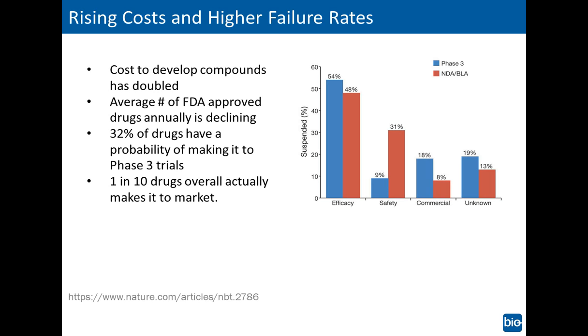And the takeaway from here is that the majority of the failures were attributed to failure in efficacy and safety. And so that harkens back to maybe reassessing at the research and development phase what kinds of model systems we're using to both assess efficacy and toxicity.